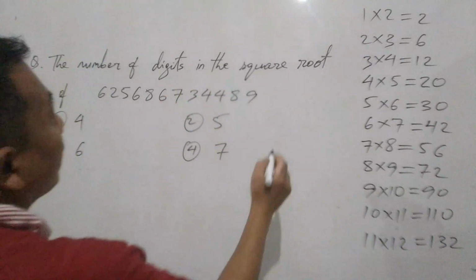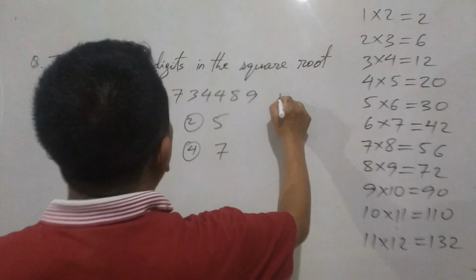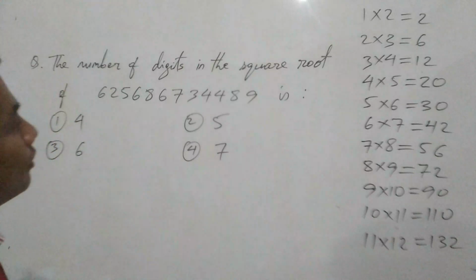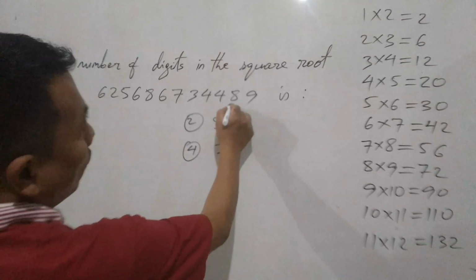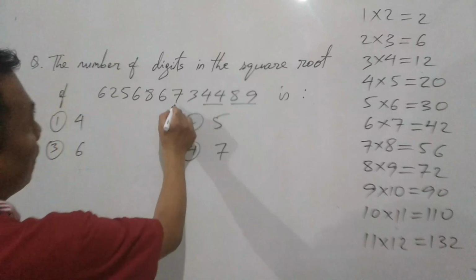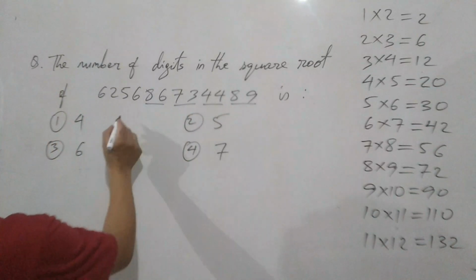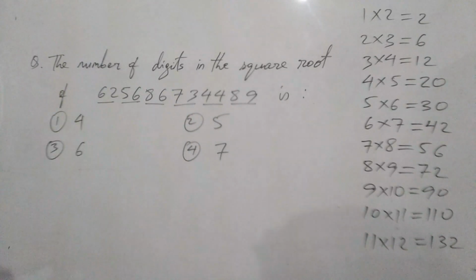The number of digits in the square root of 6256867344489 is, if it is cube root, count 3 numbers as 1. If it is square root, count 2 numbers as 1. How many pairs we have? Let's count it: 1, 2, 3, 4, 5, 6.